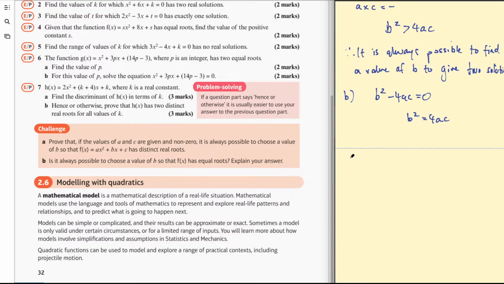And now let's consider both. So again, if a times c is positive, b equals the square root of 4ac, that would be fine. But if a times c is negative, so either one of these numbers is negative, b has no real solutions.